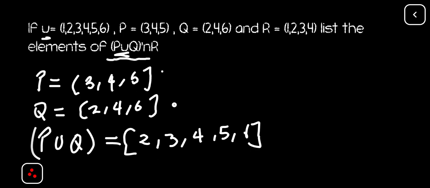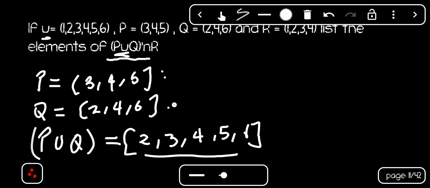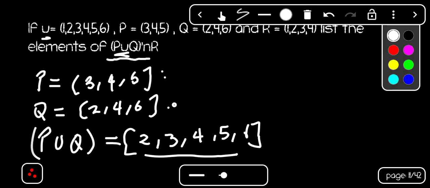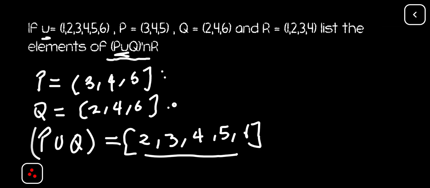So that's the union. So you see every element in P and Q appears in what we just brought out. But take note that the question wants us to find P union Q complement. So what is the complement of this that we just got? We've gotten P union Q, but this time the complement.